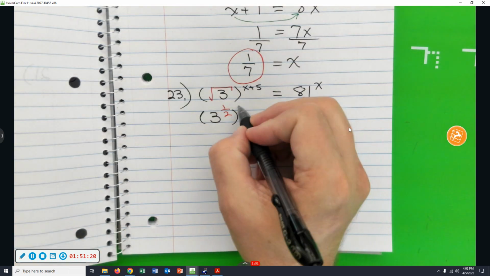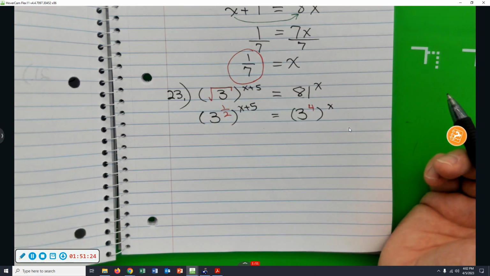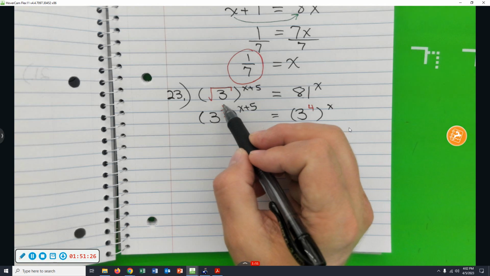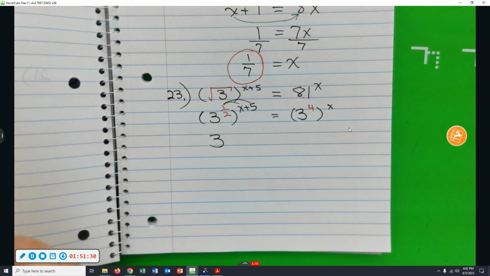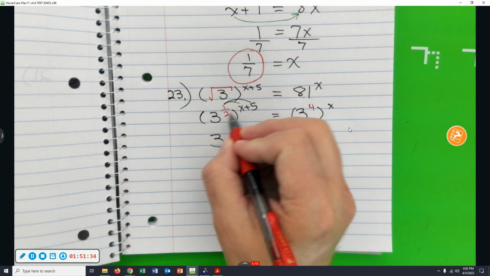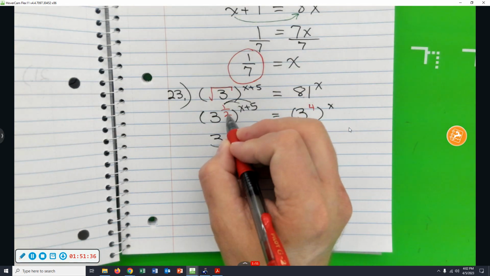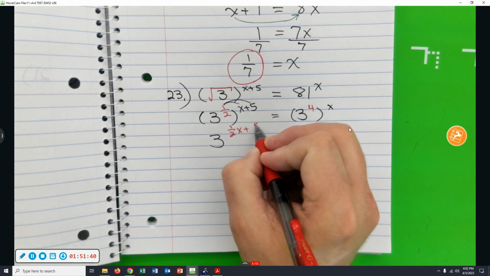Powers raised to power, so we multiply the 1/2 times the x plus 5. That's going to give me 1/2 x plus 5 over 2.